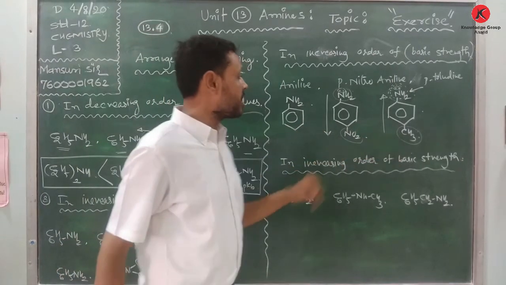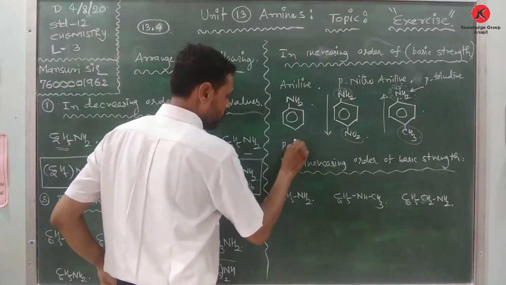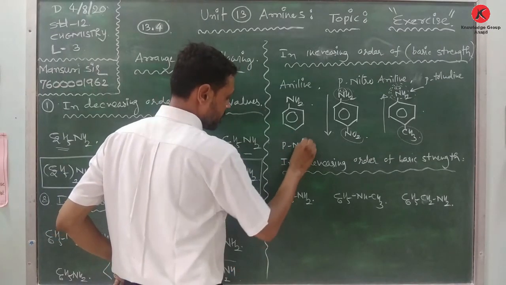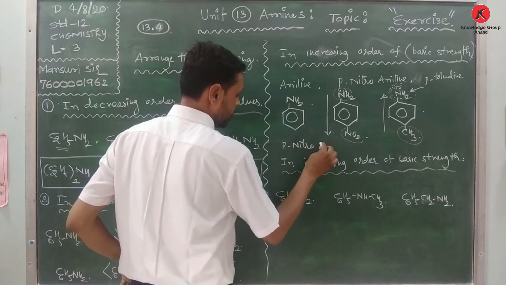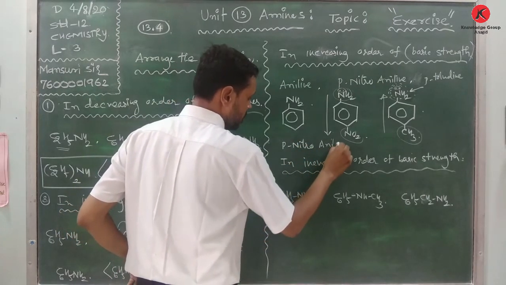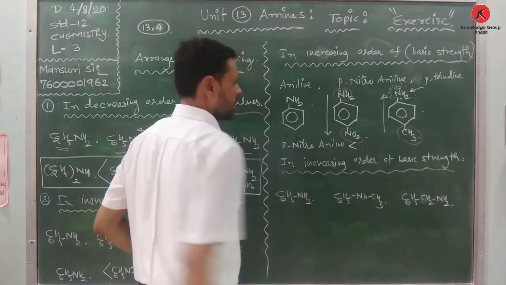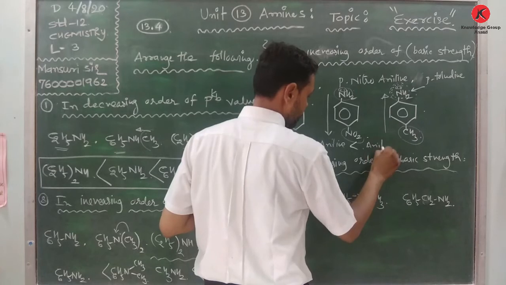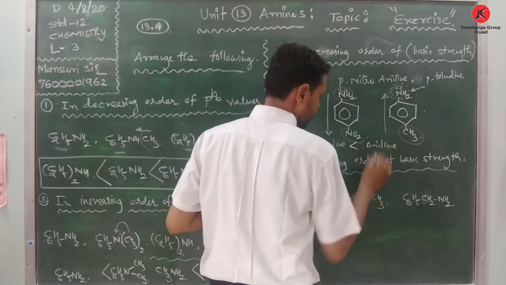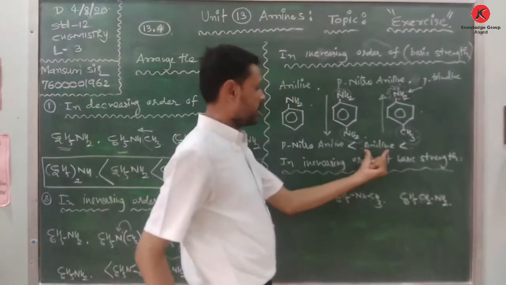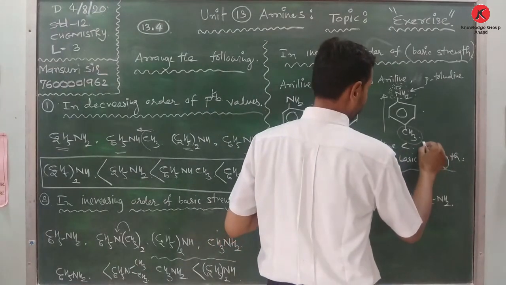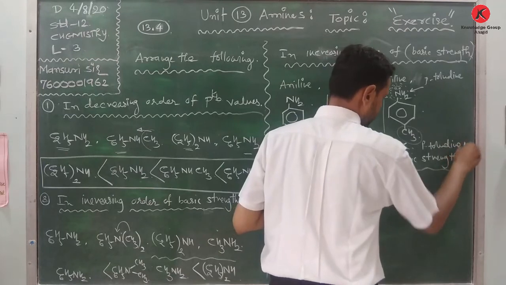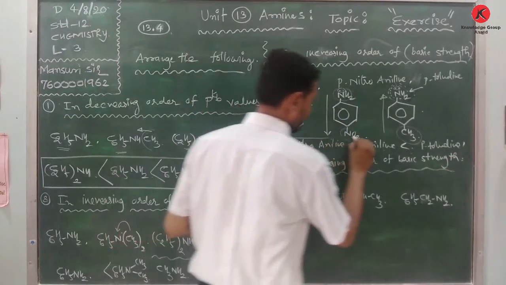So we can write over here para-nitroaniline, which is less basic than aniline, and aniline, right, which is less basic than para-toluidine. So this is the proper answer.